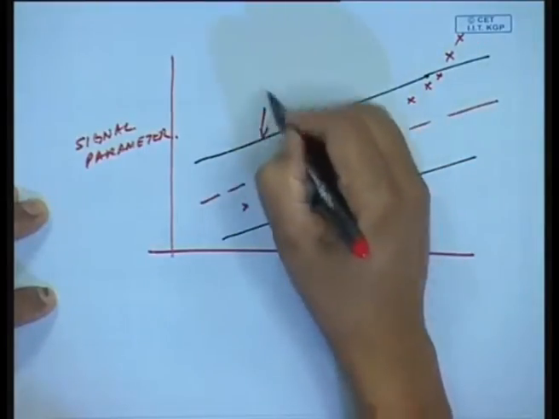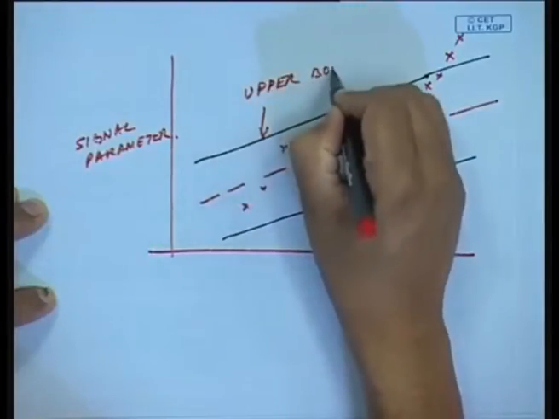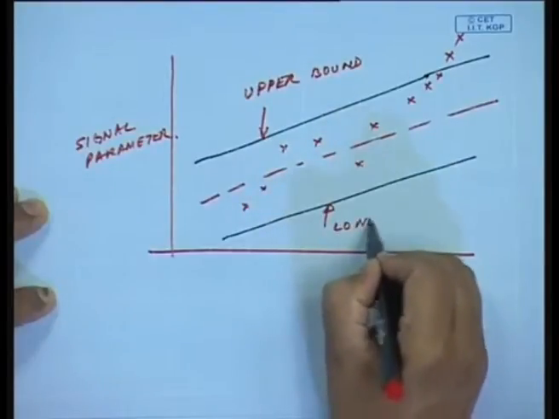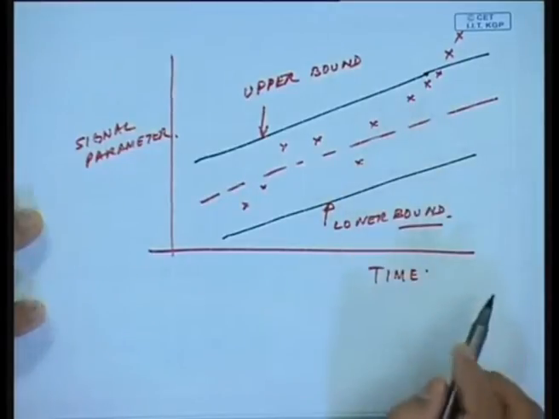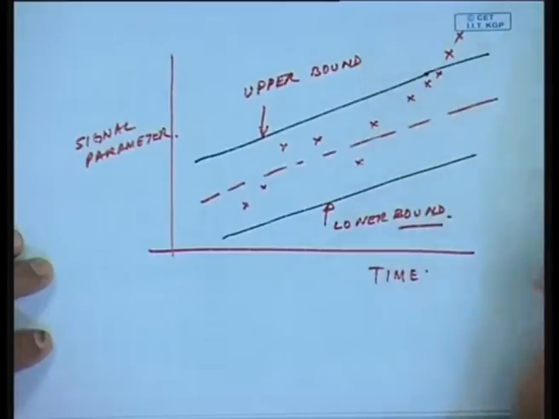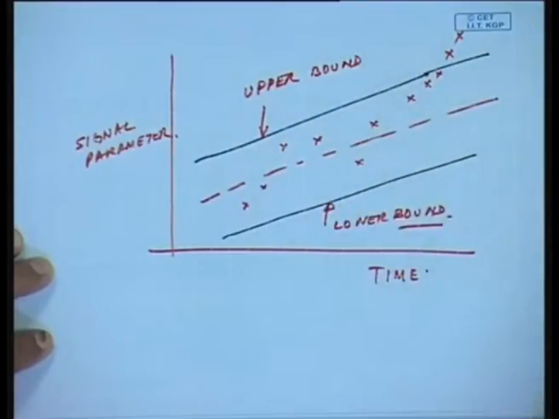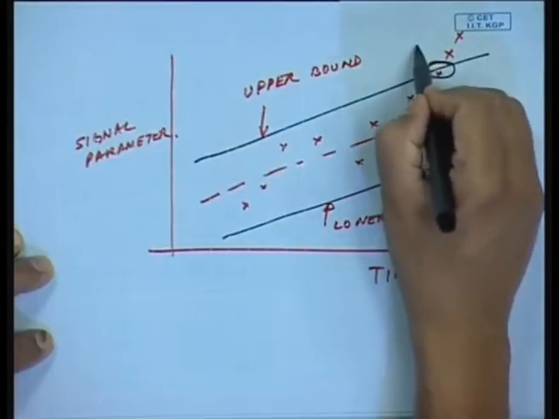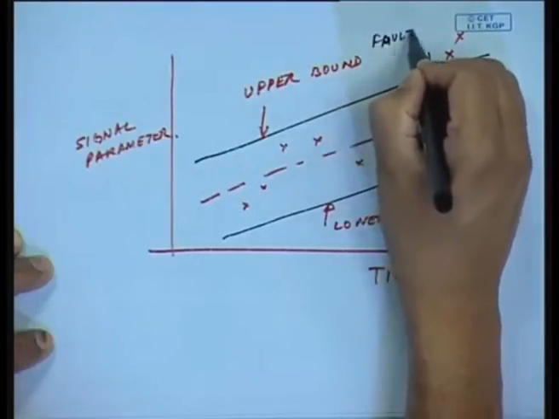So this is the upper bound and this is the lower bound. I can set the limits of the upper and lower bound within plus minus 3 sigma values of the measured parameter, and I can be alarmed that a fault has occurred in such a situation. A fault has been detected.